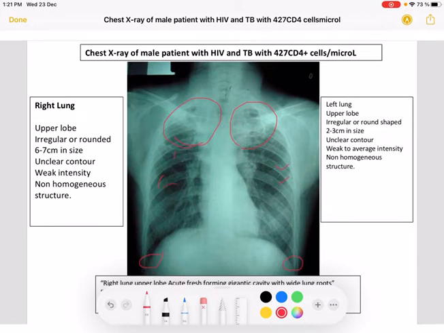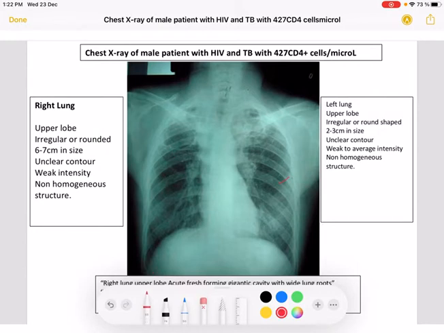It does not resemble the normal configuration of the lung, and there is also some widening of the lung roots, while the heart border is clear. There is no enlargement of the heart border, and the cardiothoracic ratio is normal. So these are the initial points you need to understand before going through the discussion of the X-ray.